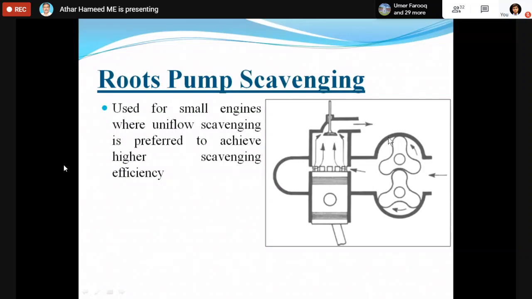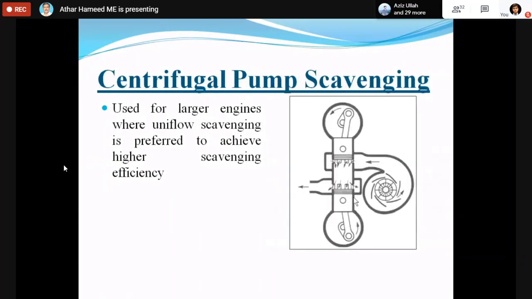When this pump is driven, it pushes the air, the fresh charge, through these ports inside the cylinder and pushes the exhaust gases out through the exhaust valve. When the piston starts moving up, this valve closes, the piston moves up and then the power stroke takes place. Then there is the centrifugal pump. The centrifugal pump is used for larger engines where uniflow scavenging is preferred to achieve higher scavenging efficiency.